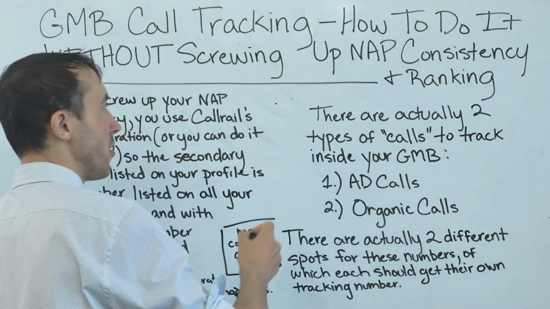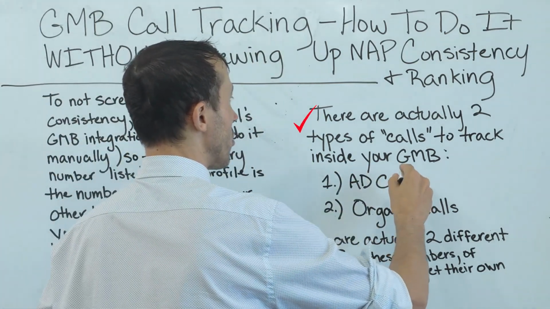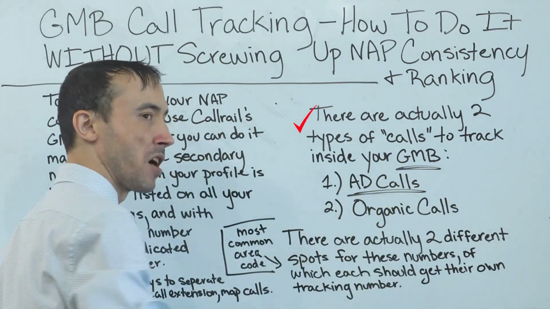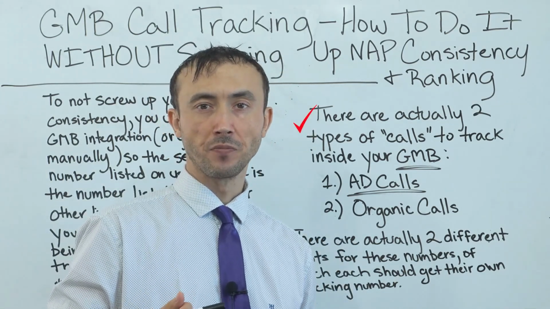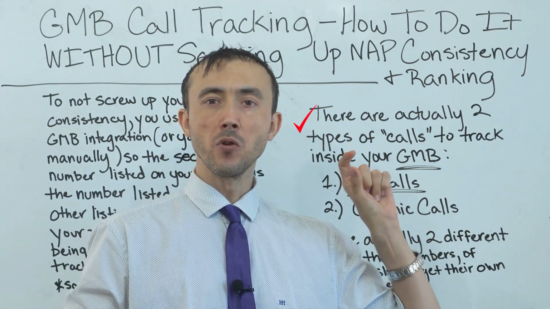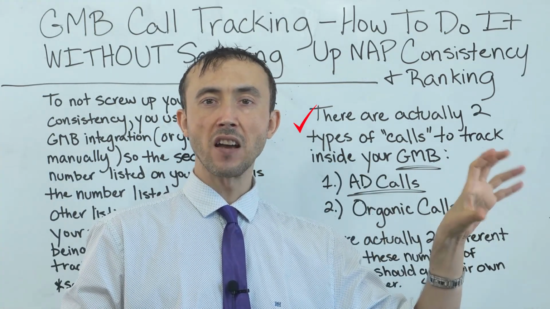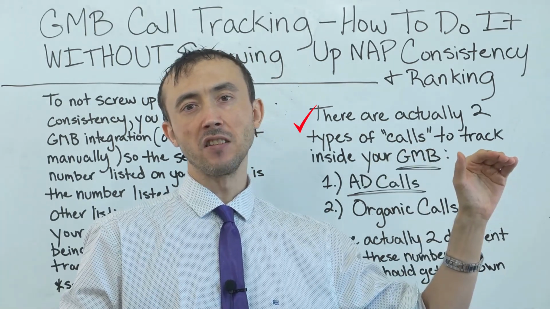So with that, there are 2 types of calls to track inside Google My Business. There's the ad calls, or calls that come from your ads, because naturally, if you're not aware of it, there is a way to run your Google Ads account on the 3-pack, that first slot is dedicated for ads as well.